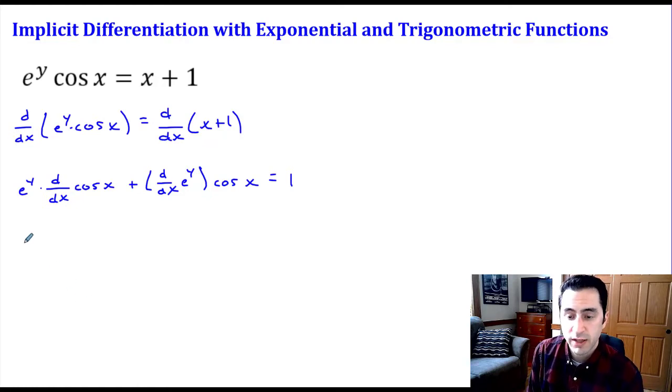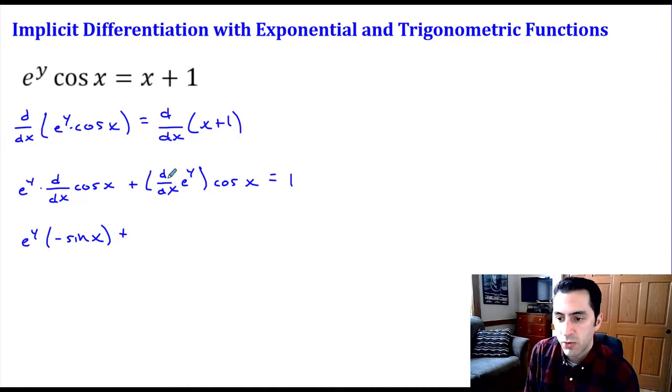Okay, going back to the left-hand side, we have e to the y power. The derivative with respect to x of cosine of x is negative sine of x. And in our second term, we're taking the derivative with respect to x of e to the y power.